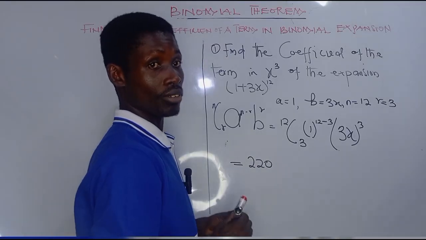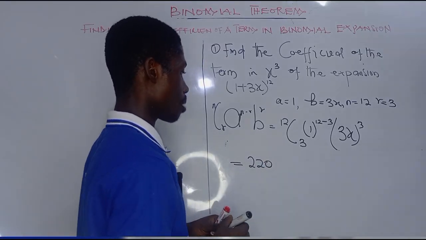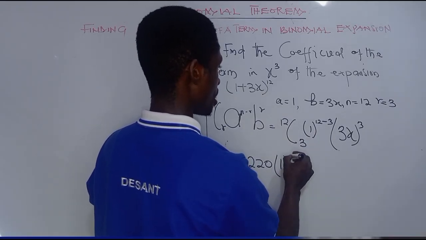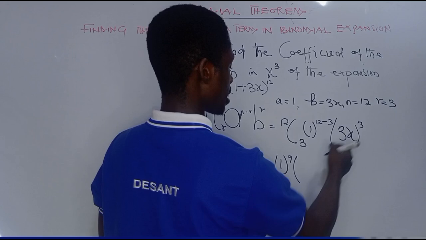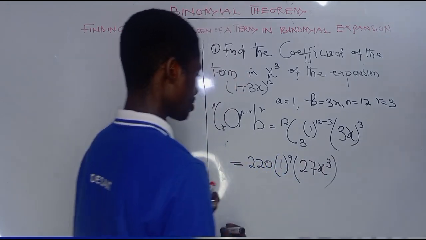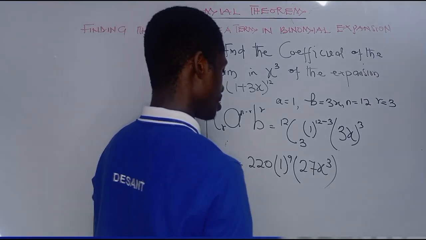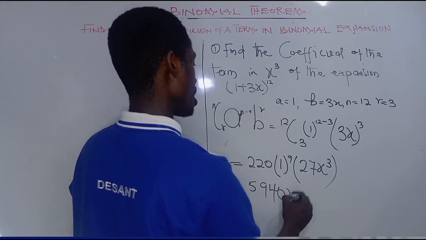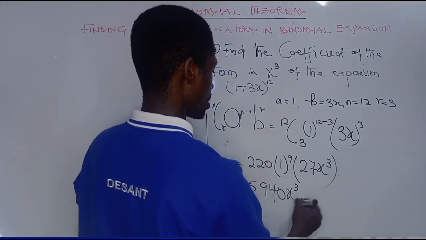You can use the calculator or go by the manual approach. This is going to give us 1 raised to the power 9, and 27x raised to the power 3. Now when you multiply these numbers together, you are going to get 5940x raised to the power 3.